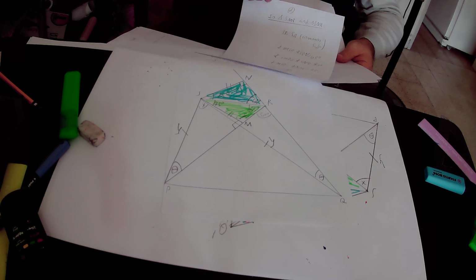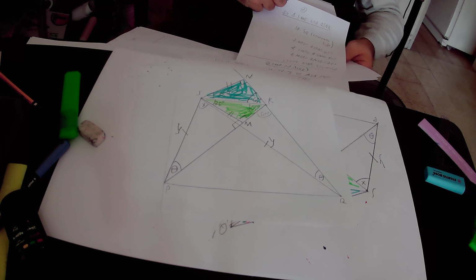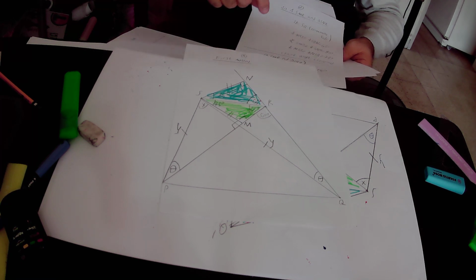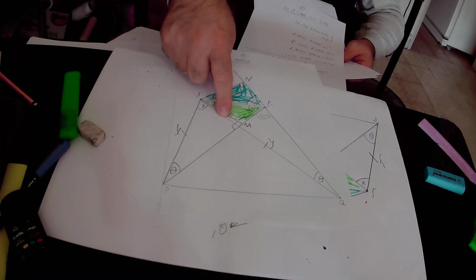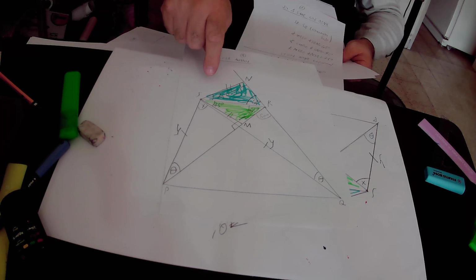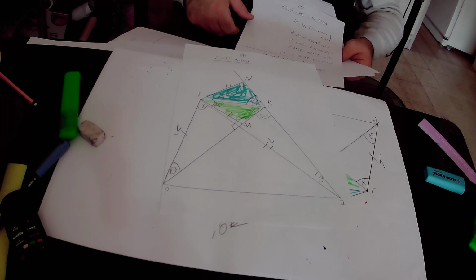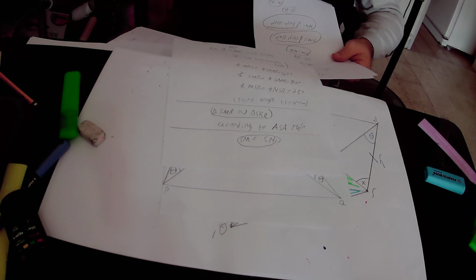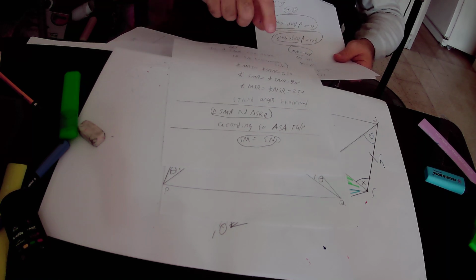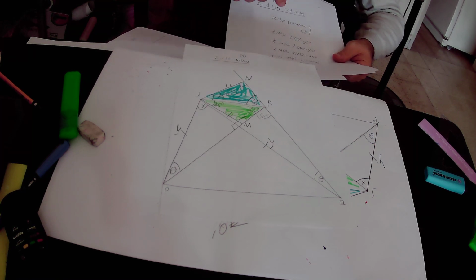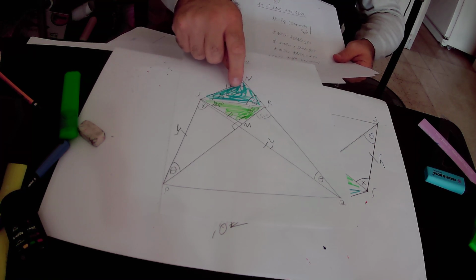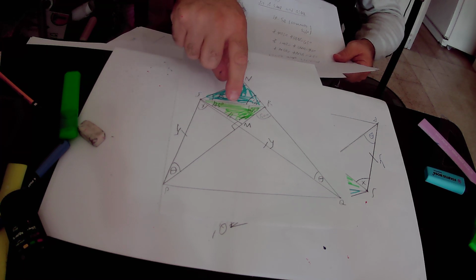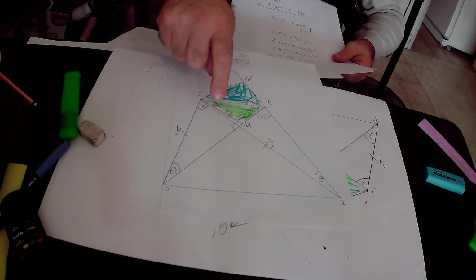From the fact that the blue triangle is congruent to the green triangle, we can conclude that those two sides are equal to each other, that is to say SM equals SN, according to the rule that corresponding sides in congruent triangles are equal to each other.